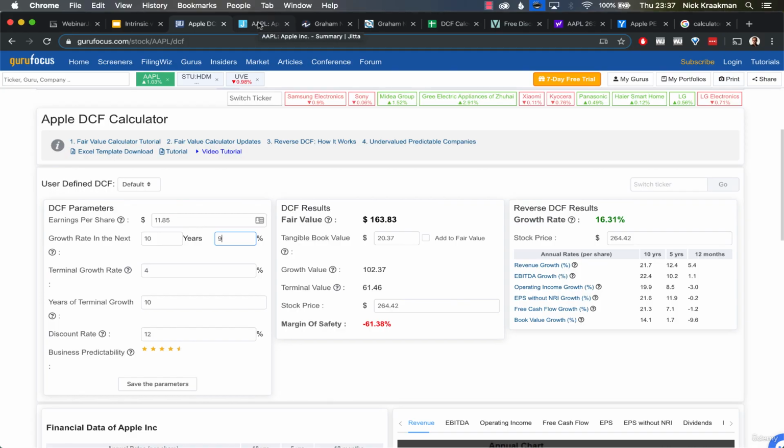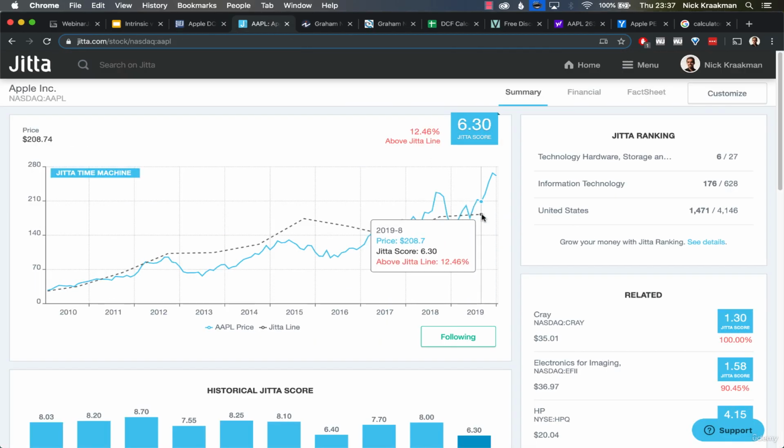So you have a rough feeling, like right now we see that it's 163 or 183, that tells us that the value is probably not 50, it's closer to 150 or between 150 and 200. So it does give us a feeling for the value, but you'll never get an exact result. So that's the second one. Guru Focus the first, Jetta.com the second tool.